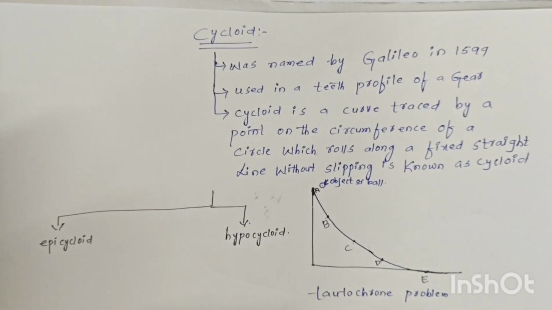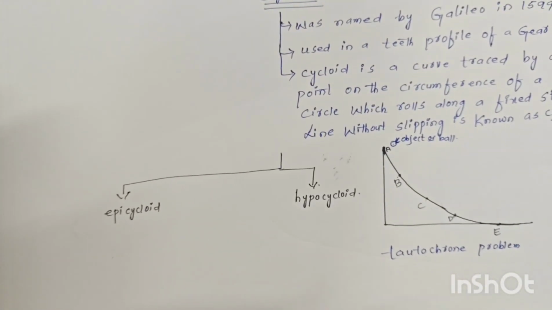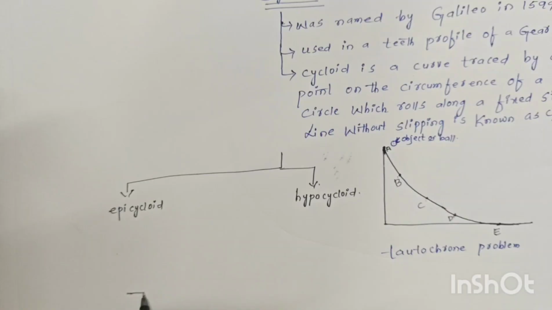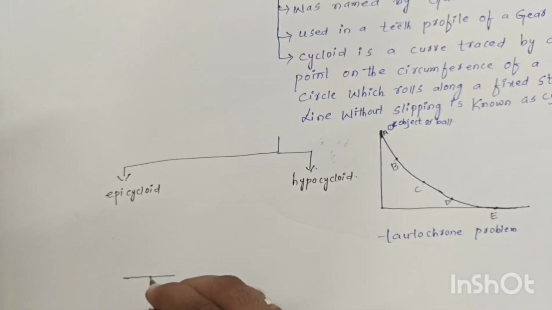Let us see. First, I am using one base. It's visible here. Okay. We are marking one point.